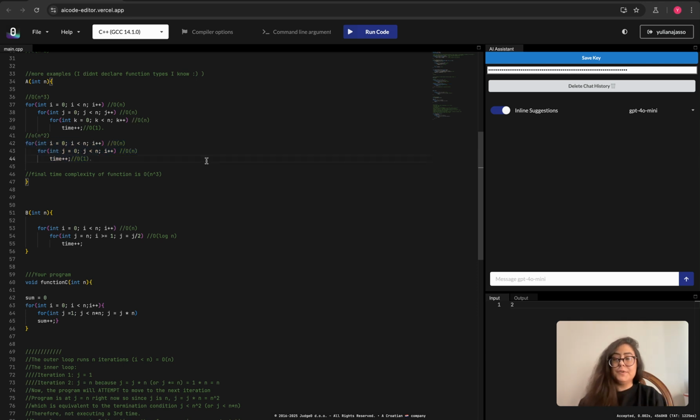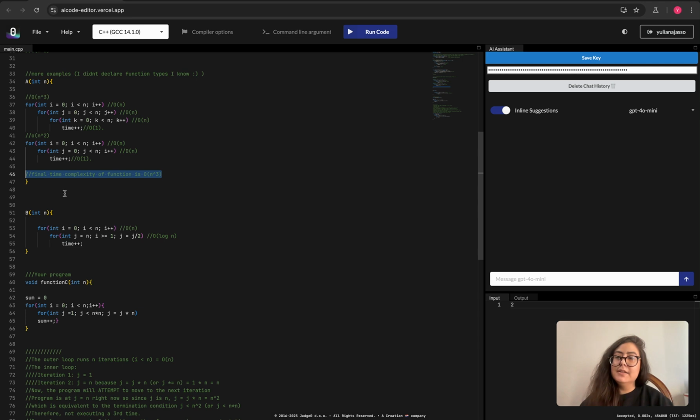Okay, so you see how we have n^3 in the first one and n^2 in the second. I already have the time complexity there, but what would be the time complexity without looking at my answer? It would be O(n^3). Why? Because when we have a function that has several nested for loops, we don't multiply them together.